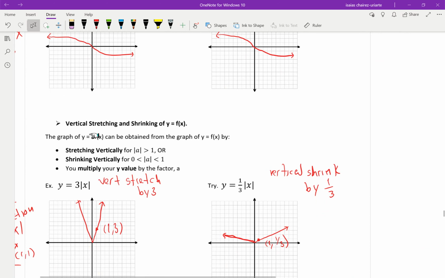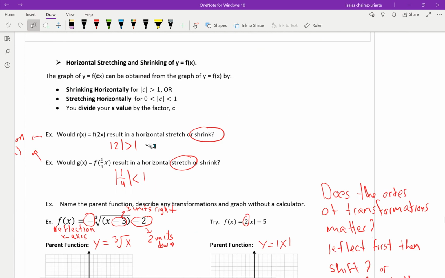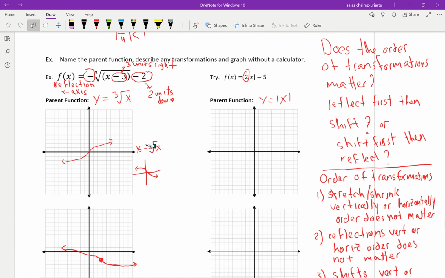And it's a vertical stretch if the number is bigger than 1, and it's a vertical compression if the number is less than 1. So this is a vertical stretch by 2. And then this minus 5, that's a shift down. So this is down 5 units.